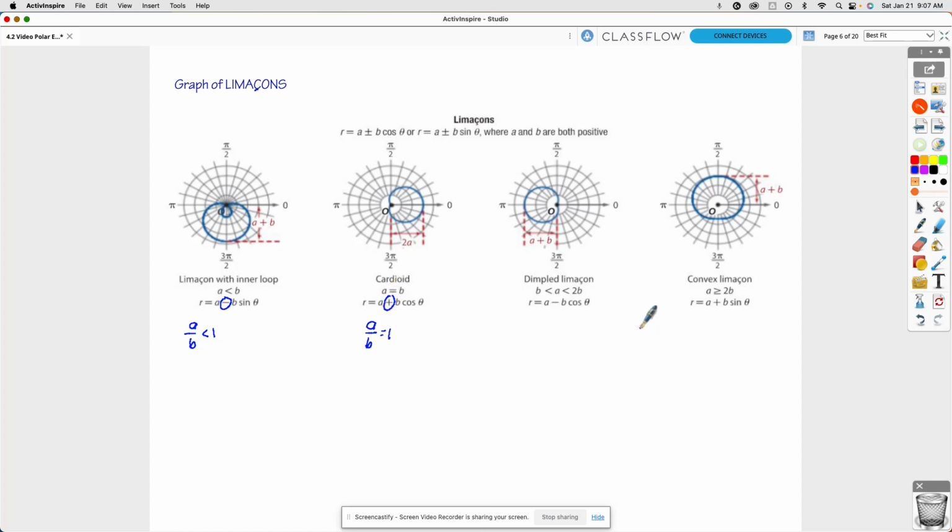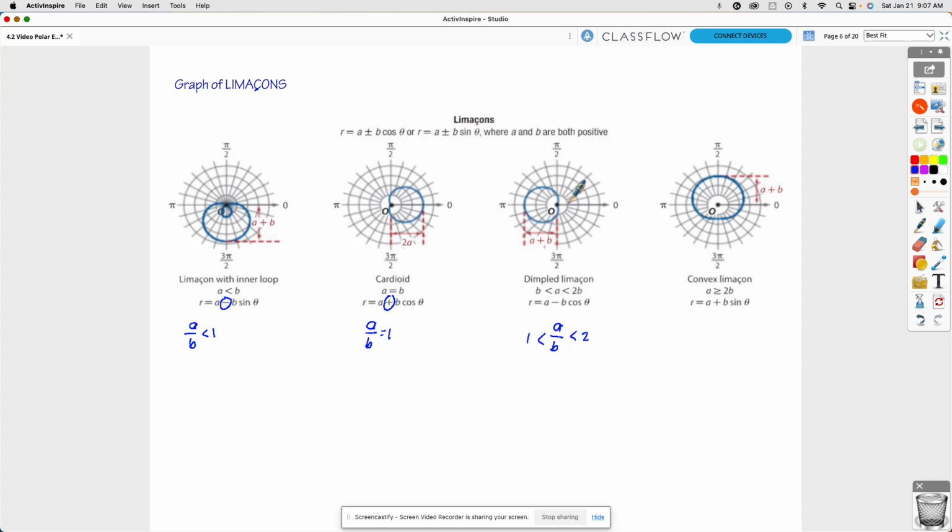Next, we have a dimpled limaçon. A dimpled limaçon occurs when A is between B and 2B, or if A over B is between 1 and 2. So we don't have an inner loop. This looks like a cardioid as well.